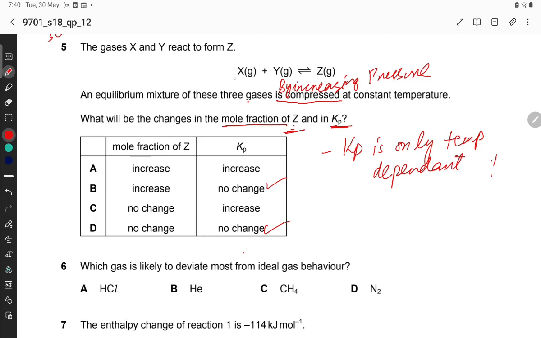let's see the chemical equation. 1 mole of X reacts with 1 mole of Y to form 1 mole of Z. So by increasing pressure, volume of gas is decreased, and the mole fraction, the proportion of the mole particles.